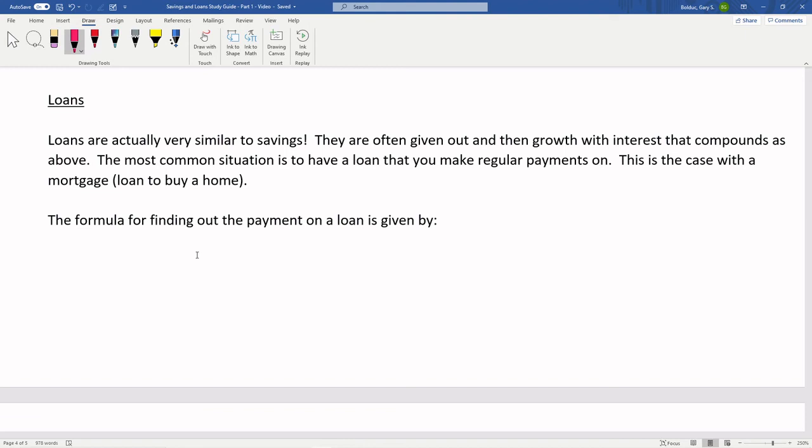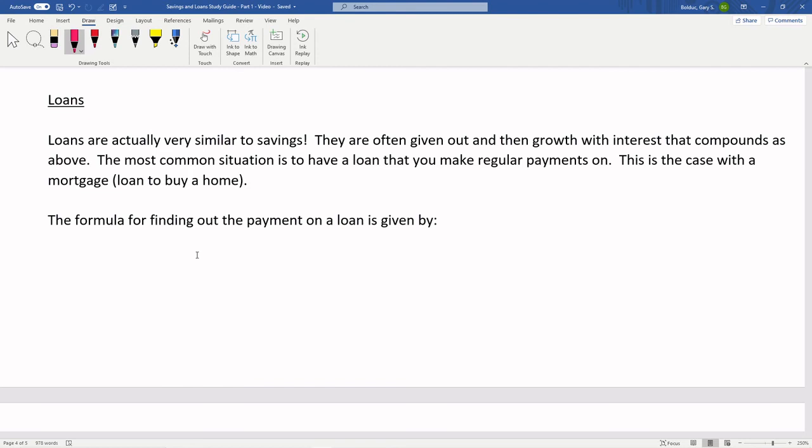You take out some money, and then each month, usually, but you can do different things, you make a payment. Now, that payment goes towards paying off the principal, the amount of the loan to start, but also goes towards paying off the interest. That relationship is interesting, and we'll deal with that later when we do the amortization table.